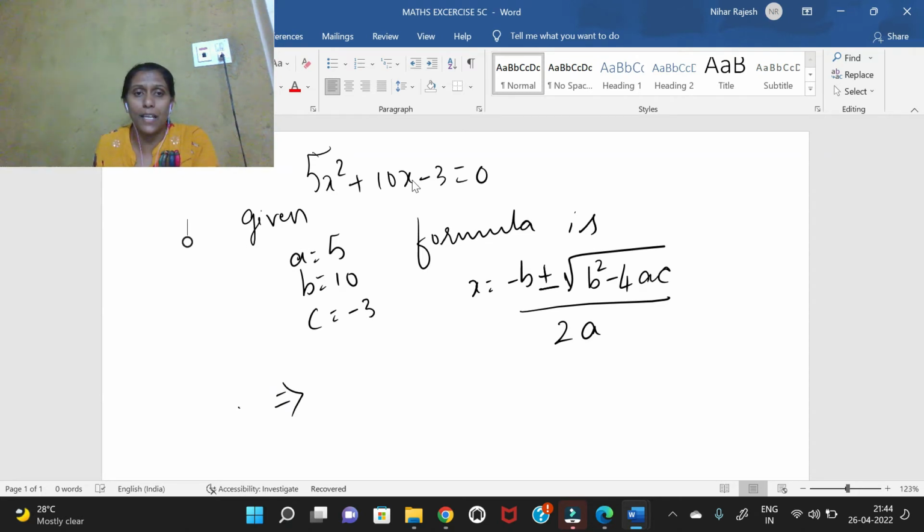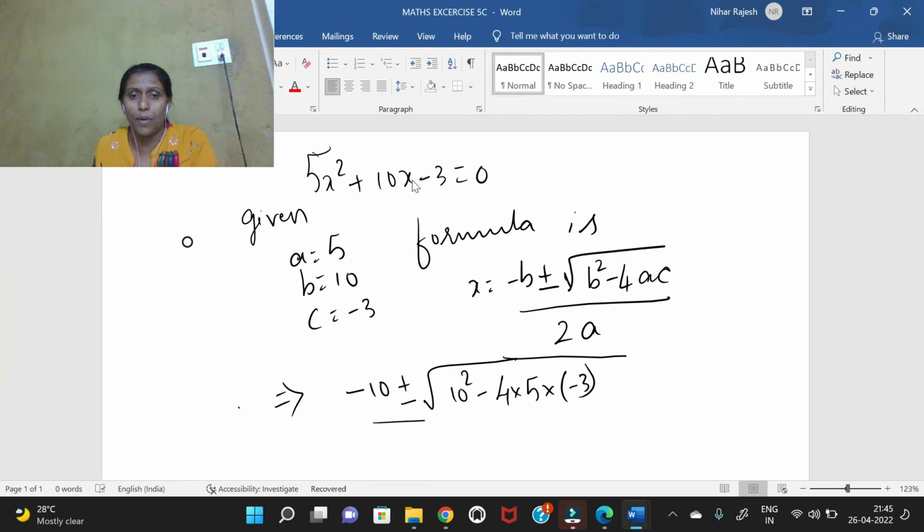So minus B is nothing but minus 10 plus or minus B square is 10 square minus 4 into A is 5 into C is minus 3 divided by 2 into 5.